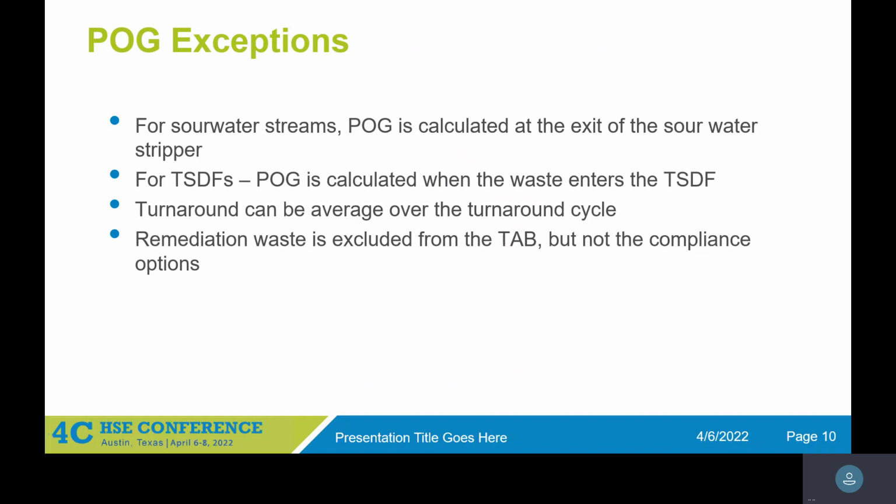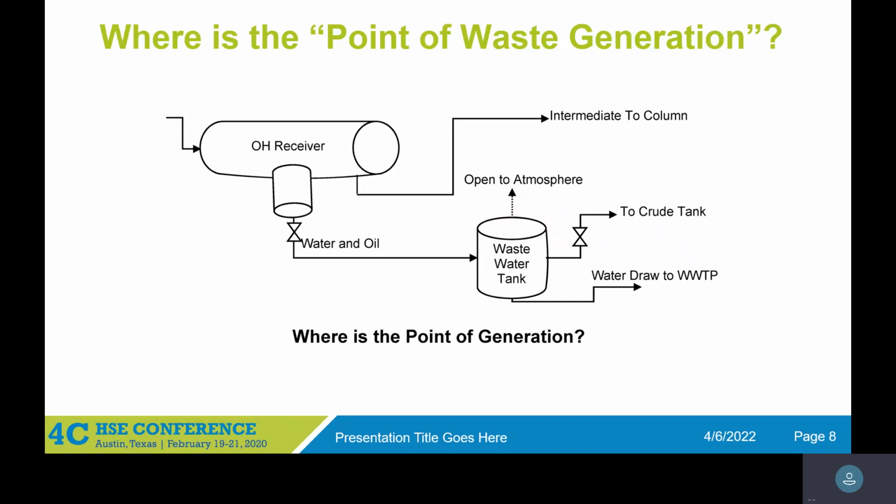The first one is the sour water streams. The point of generation is calculated at the exit of the sour water stripper, with the only covenant that they have to be sour streams, which means greater than 10 ppm sulfur or greater than 10 ppm ammonia. So what does that mean? You had this example here, but let's say it's sour.